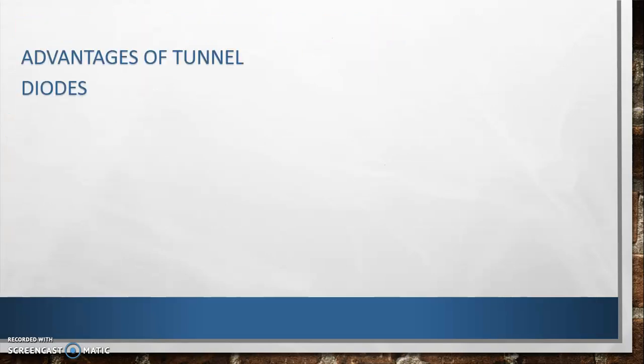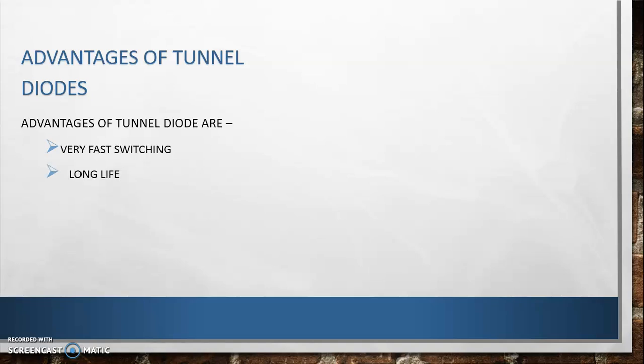Now we'll see the advantages of the tunnel diode. The advantages of tunnel diodes are: first, very fast switching. When switching on and off is required on a very fast scale, the tunnel diode is used. Then it has a long life, so we can say it is more durable.